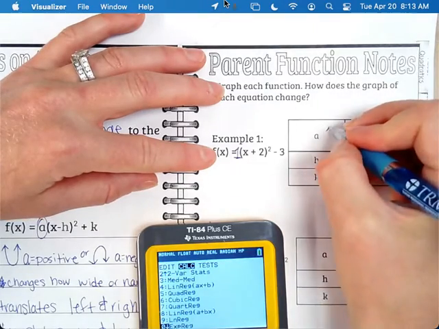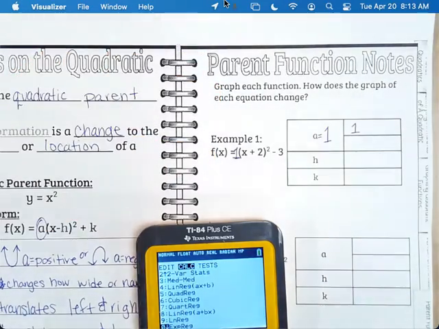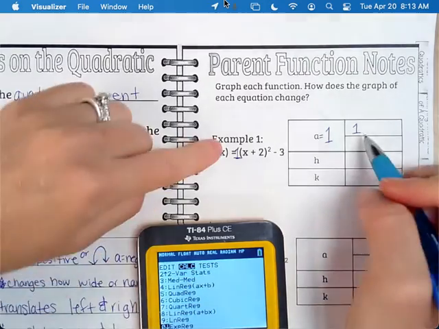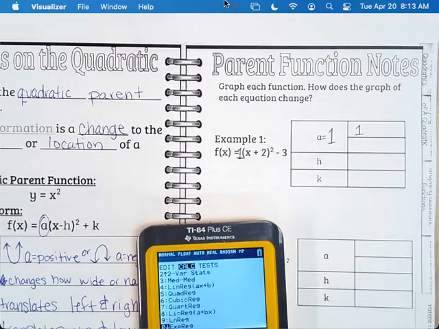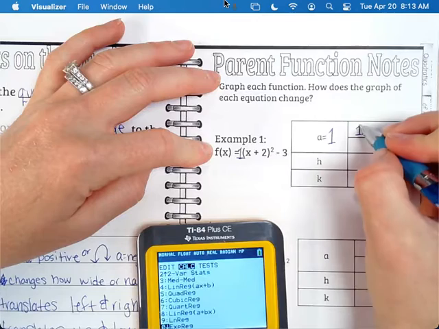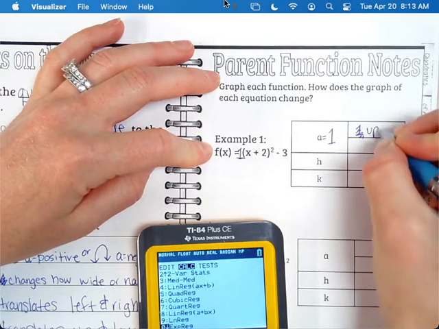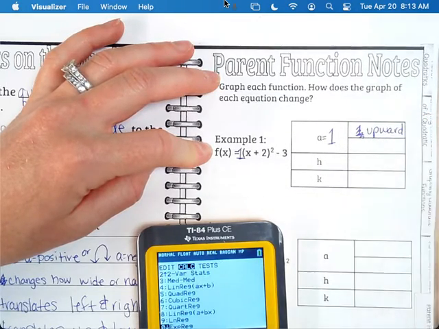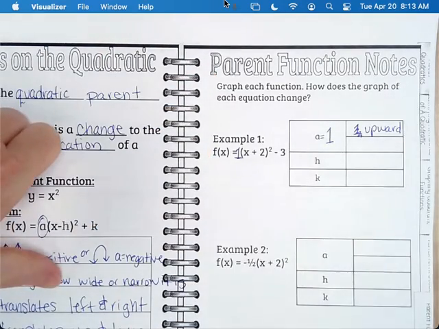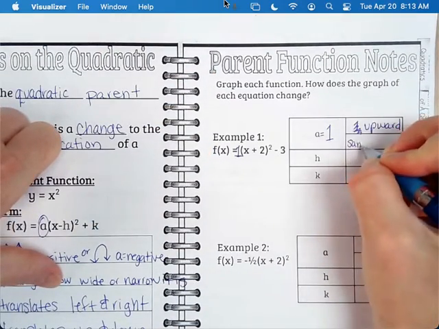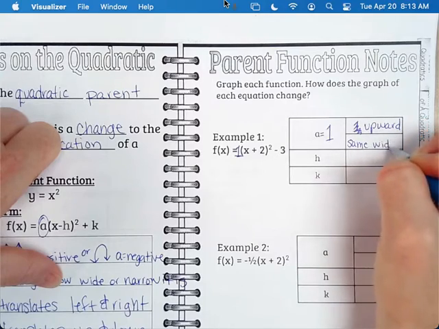A equals 1. So will there be any changes to wideness, narrowness, or flipping, upward, downward? It'll still be upward, and the same width as y equals x squared.